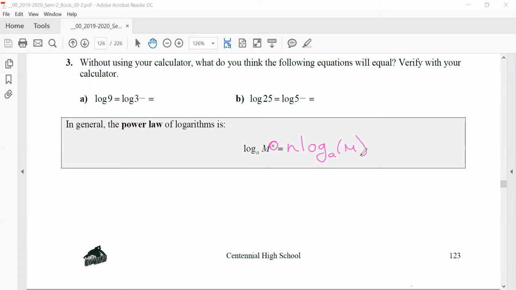So that's called the power law of logarithms. But again, what I need you to know is really that the exponent can be moved to become the coefficient. And again, I explained why that works the way it does in the other video. It's because logs are cool. That's the answer you're looking for. Okay, let's play around with these three laws.